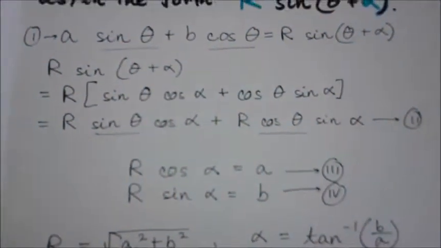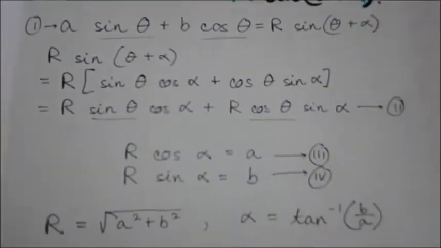So what do we have over here? A sine theta plus B cos theta. A sine theta and B cos theta.